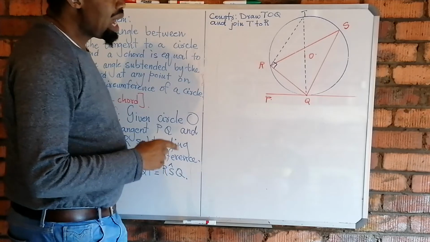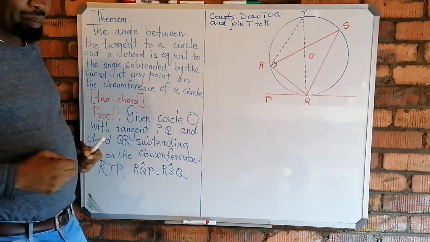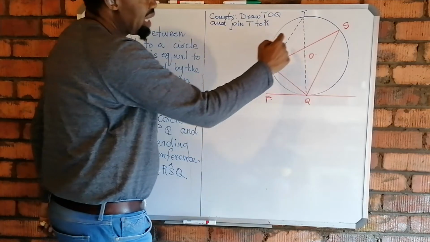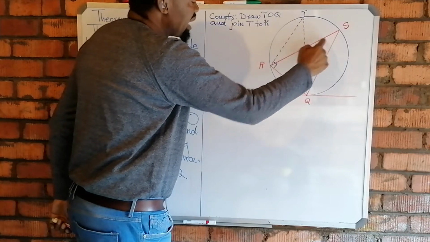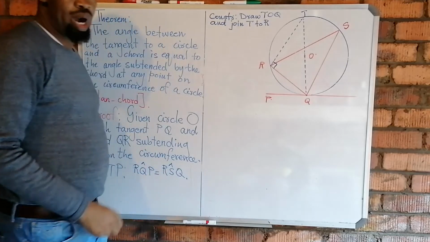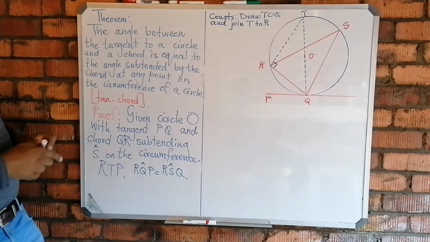Now, another theorem that we have brought back, remember cyclic quadrilateral. Cyclic quadrilateral, we had angles on the same segment which were said to be equal. Now, what else did we bring?